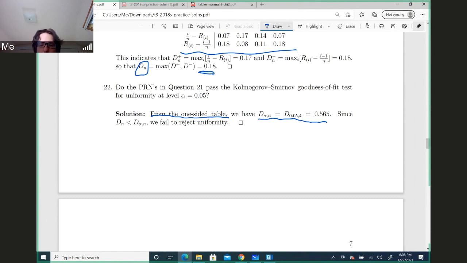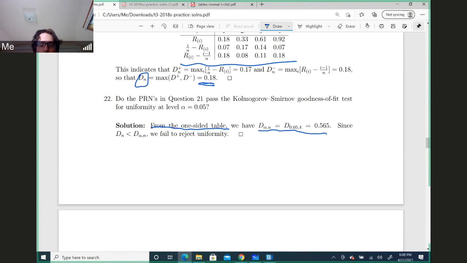However, obviously, if you're not in a test setting, you can look it up in the one-sided table. But in a test setting, you might not be given it, and so the test would probably just tell you that this is equal to this, or it would give you a really tiny condensed table that you would have to read, and then you'd have to use that information to decide whether to reject or fail to reject.